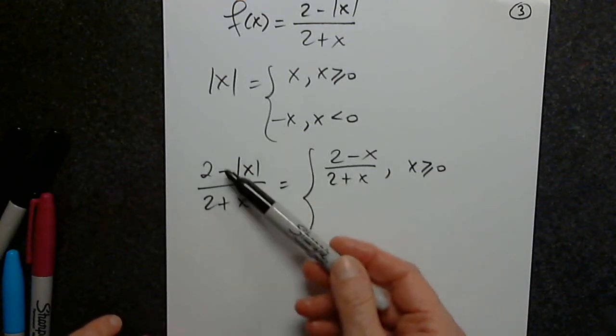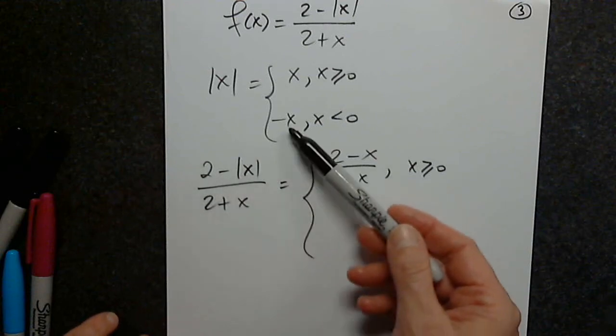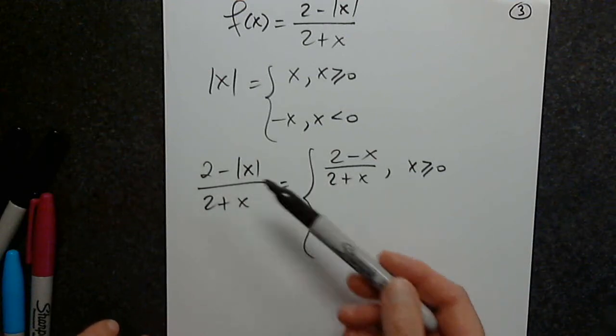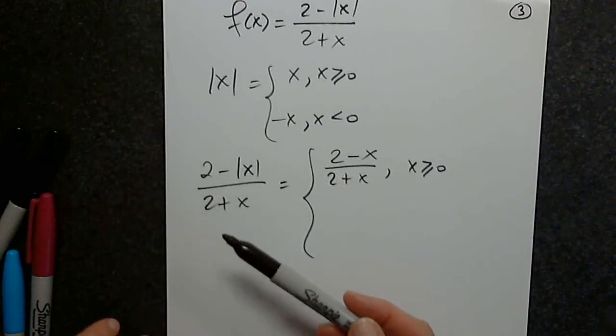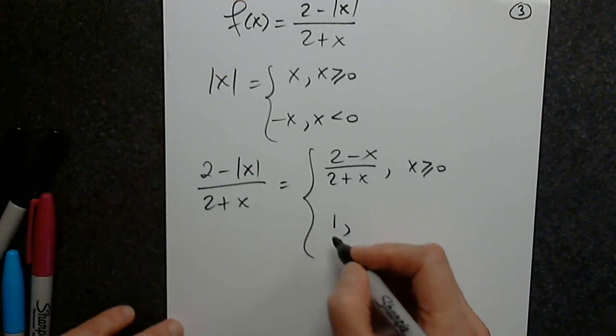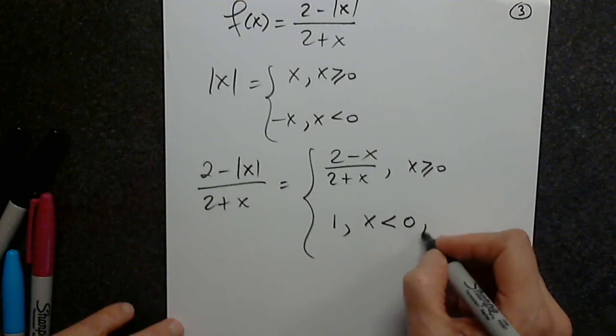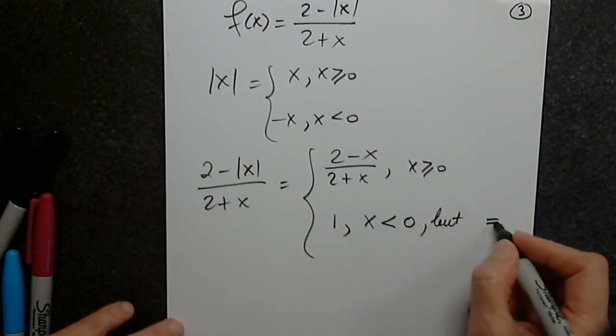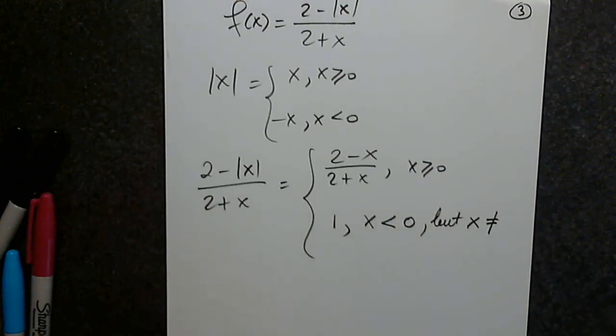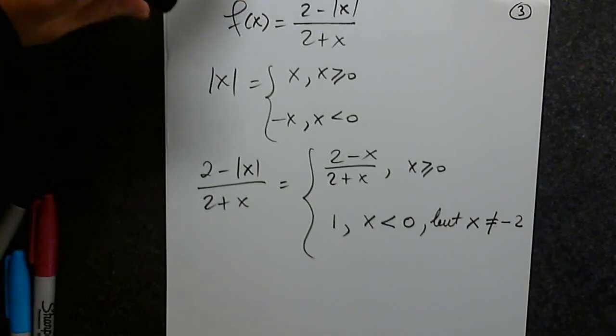With minus negative x, what do I have at the top? 2 minus negative x will be? Excellent. Over 2 plus x, which is? Perfect. 1 for x less than 0, but not what? Excellent. Not negative 2. Exactly. Not negative 2. Very good.